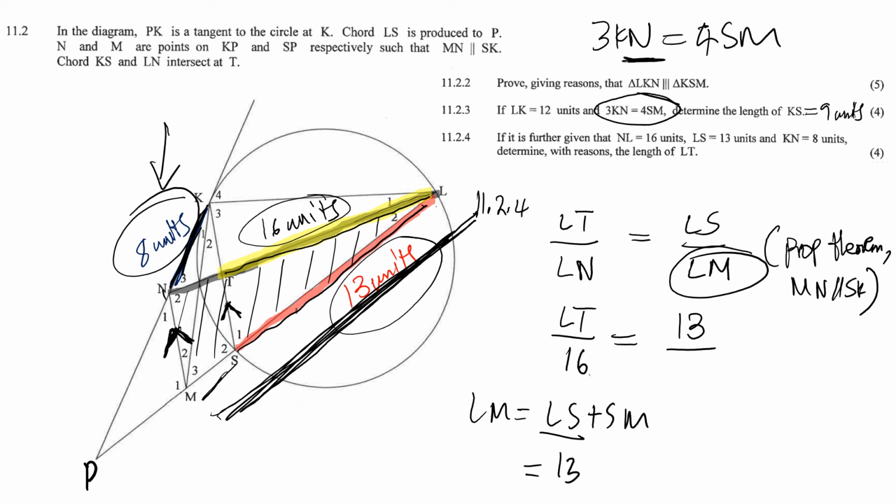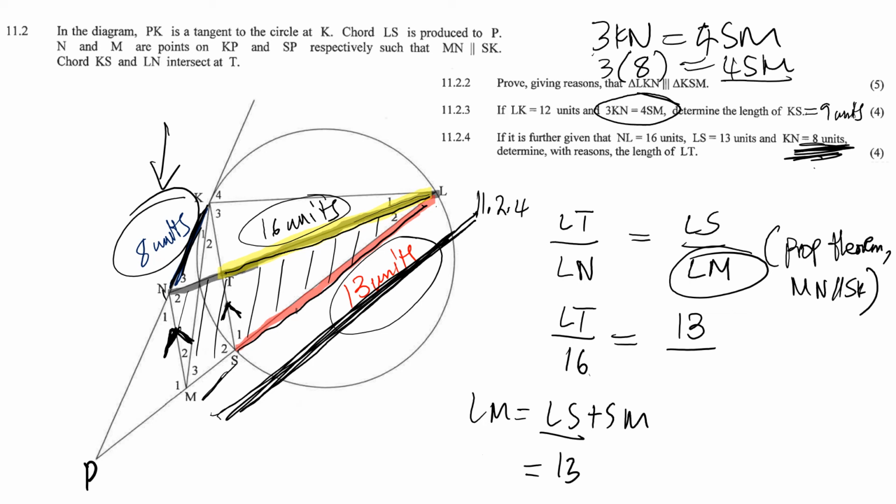So they didn't just give you this KN. They wanted you to use it to solve for SM. Where there is KN, we substitute 8, because we are given that it equals 8 units, and we solve for SM.